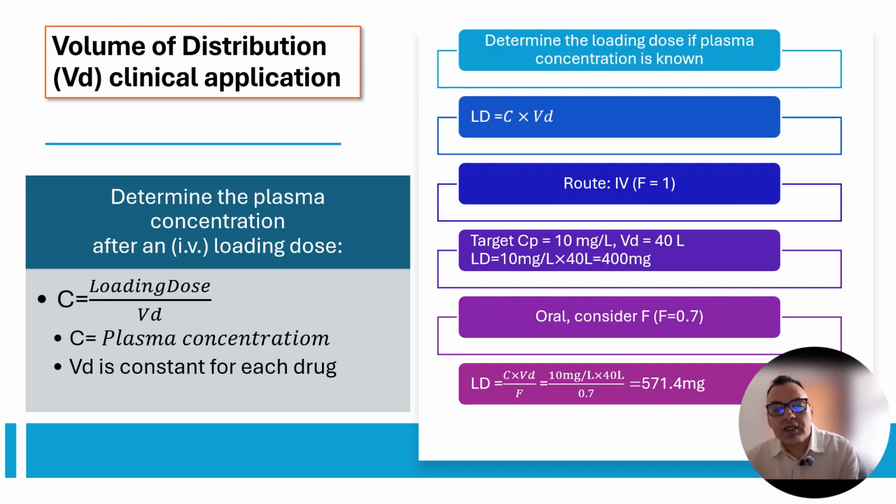So 10 milligram per liter multiplied by 40 liter gives 400, divided by 0.7, and we will get 571.4 milligram. So this is the loading dose to achieve the same concentration of 10 milligram per liter in the plasma. It's obvious that this loading dose in the oral formulation will be higher than the IV because of incomplete absorption.